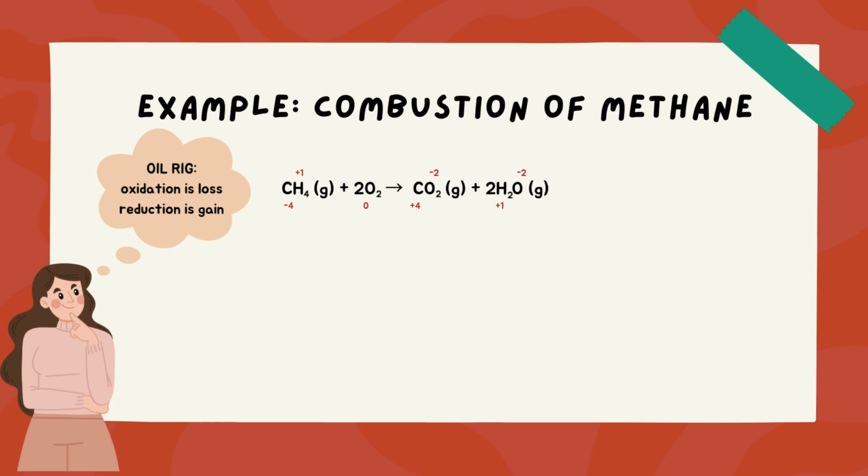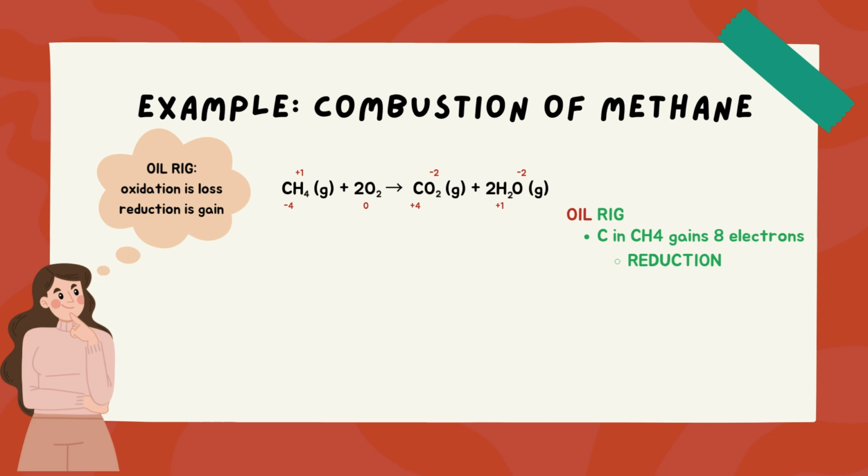In methane, CH4, carbon goes from an oxidation state of -4 to an oxidation state of +4 on the product side. Thus, it gained 8 electrons. Using the mnemonic OIL RIG, we can see that this is a reduction because reduction is gain in electrons.